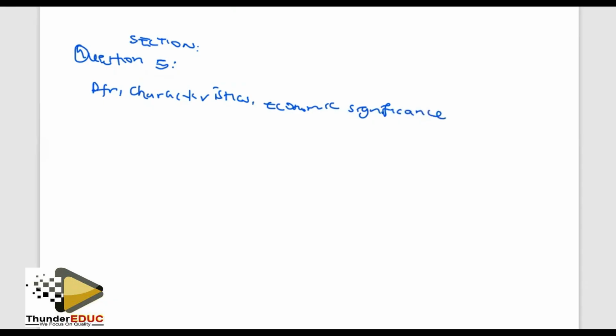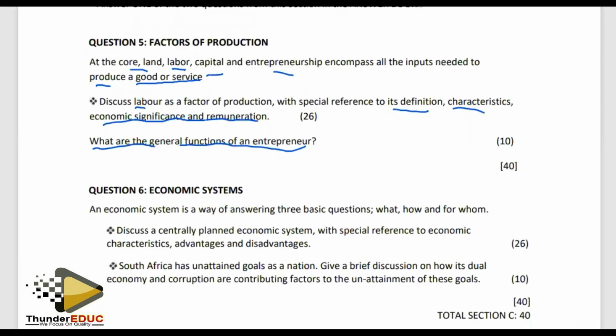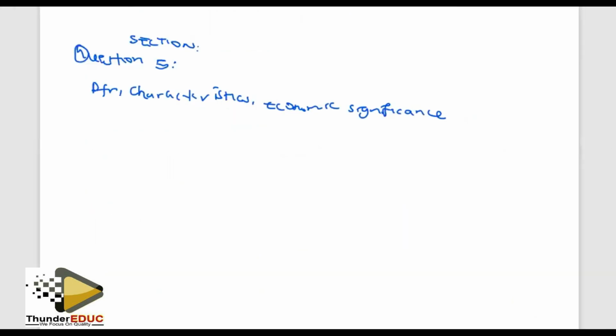And finally, they asked us to talk about the remuneration of labor. Remuneration of labor. I'm going to explain this aspect of labor remuneration. That's payment. Payment, yeah. Let's talk about this: define labor.